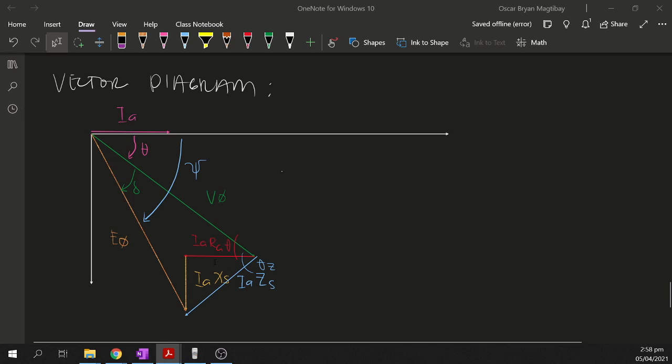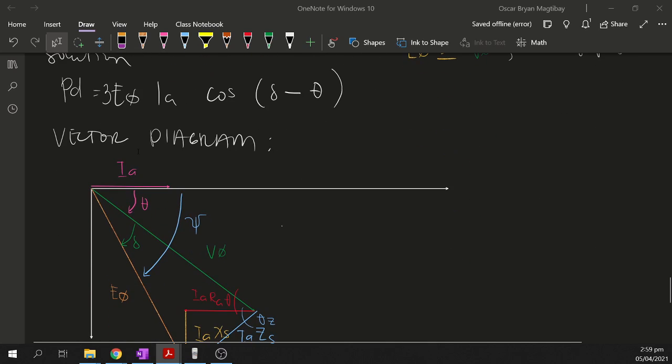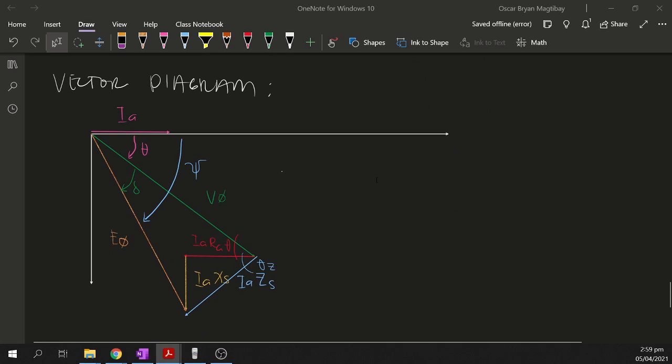Pag nakuha natin si IA, makukuha rin natin si theta for the particular problem. So, paano natin makukuha si IAZS?